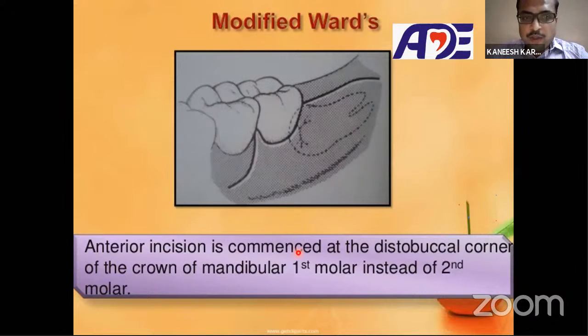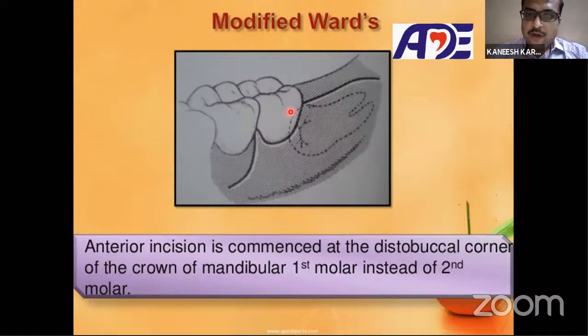You understand, no? It is placed on the distobuccal line angle of the first molar, extends through the second molar, and then the distal release incision. This is modified Ward's: the distobuccal line angle of the first molar is the anterior release incision, a sulcular incision through the second molar, and the distal release incision distally over the alveolar ridge.